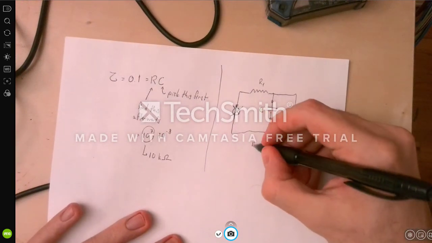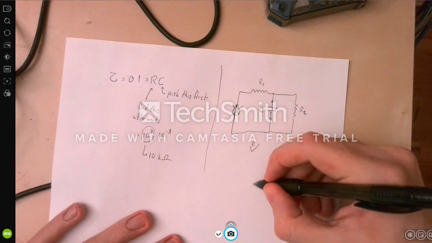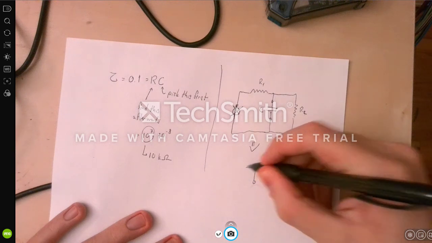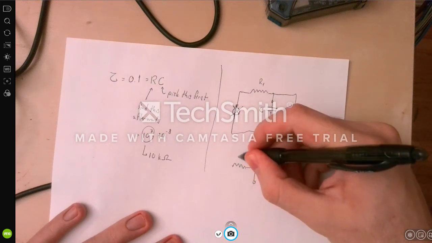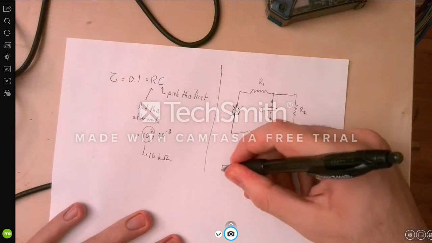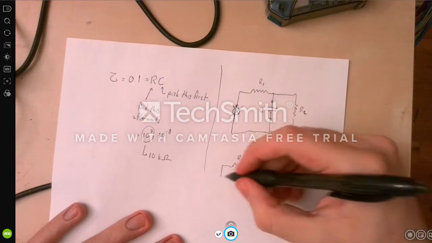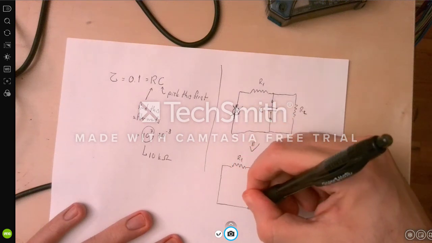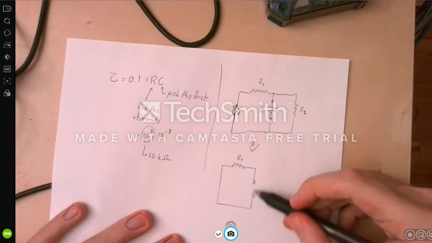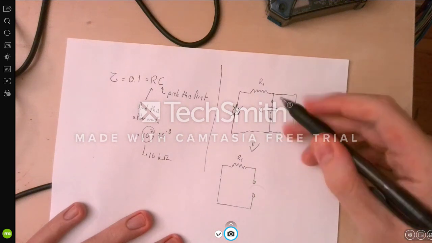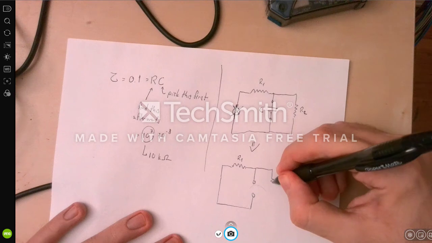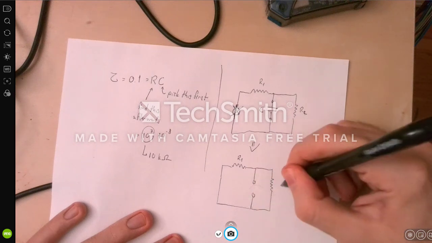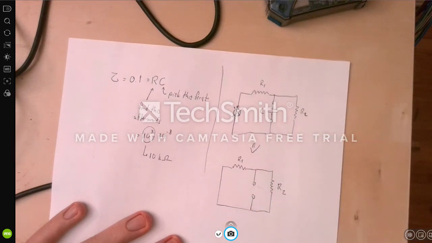Now, what does that mean? Let's redraw this here. This voltage source is short-circuited. And these are the terminals that the capacitor is connected. There we go.